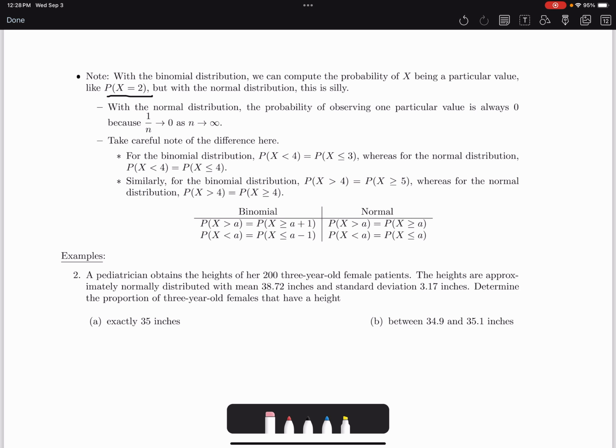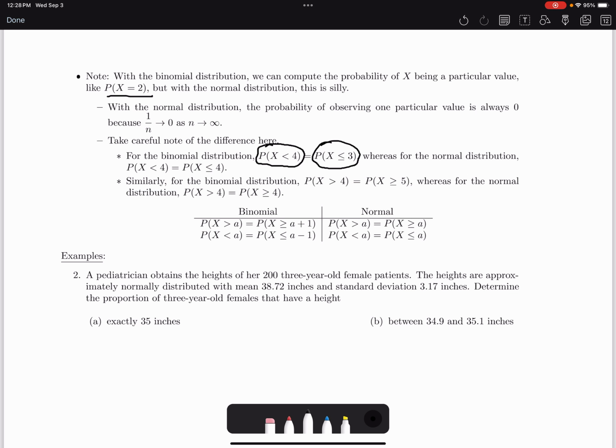So when we were dealing with the binomial, and we wanted to compute a probability like the probability x was strictly less than 4, we said that we had to make an adjustment, and the way that we would type that into the binomial distribution is as the probability x is less than or equal to 3. Okay, so for a discrete variable like the binomial variable, the probability that x is less than 4 is the same thing as the probability that x is less than or equal to 3.